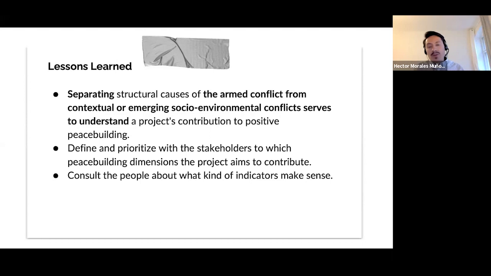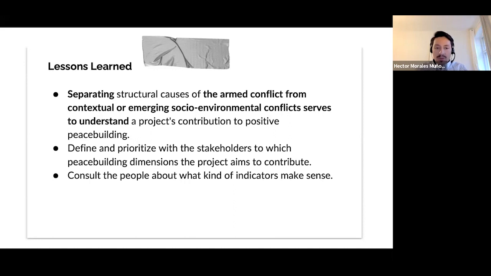Right. So to put into implementation a monitoring and evaluation framework or system to assess environmental peacebuilding interventions, first, it's very important to separate the structural causes of the armed conflict from contextual or emerging socio-environmental conflicts, to understand the project's specific contribution and the extent that this contribution could be translated to positive peacebuilding.